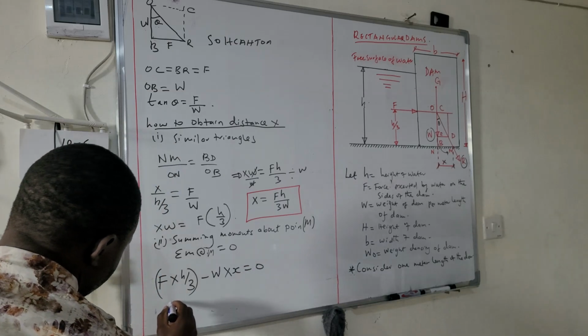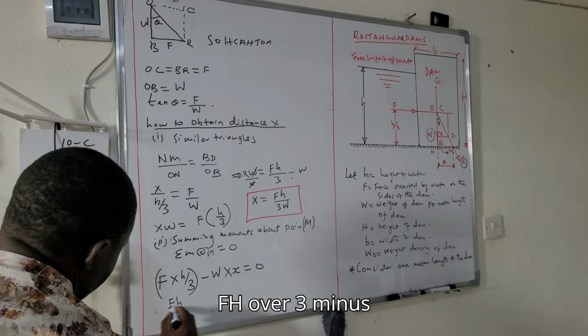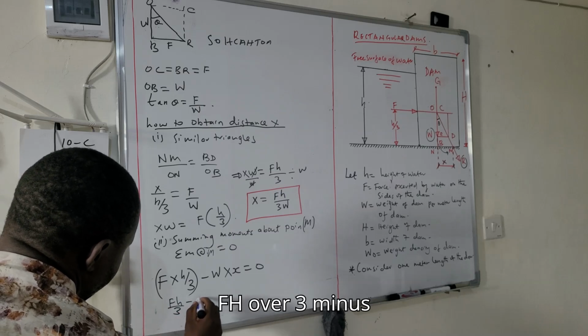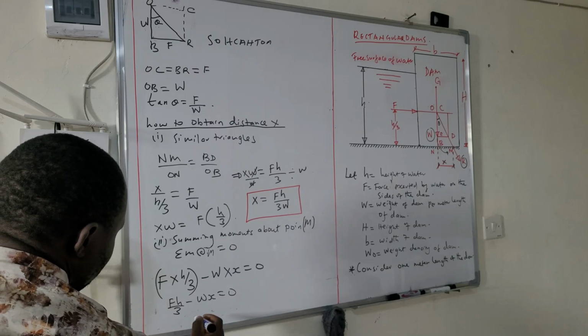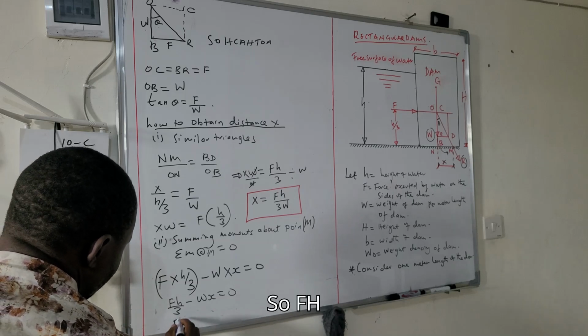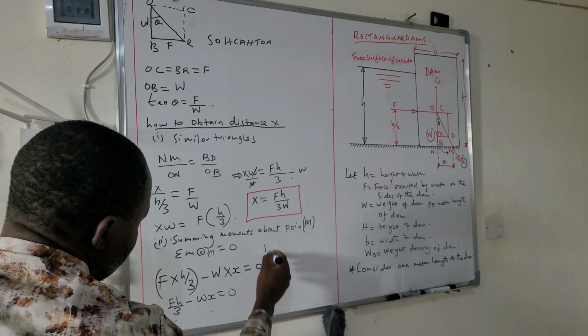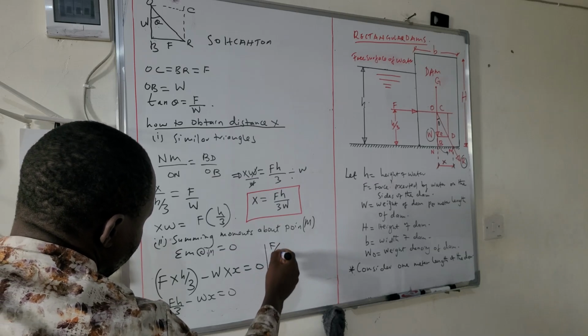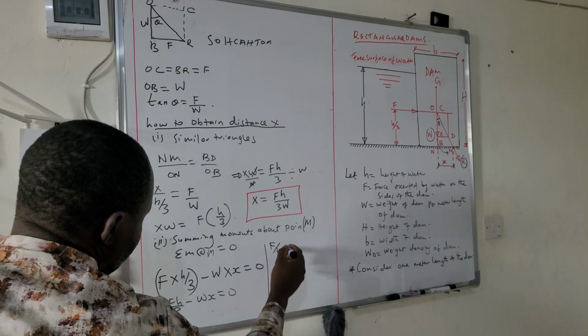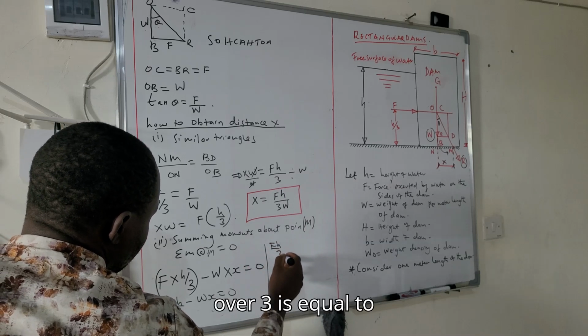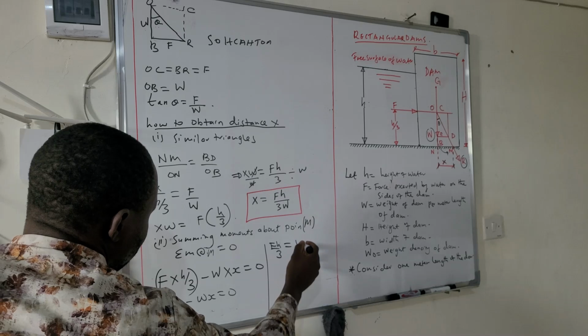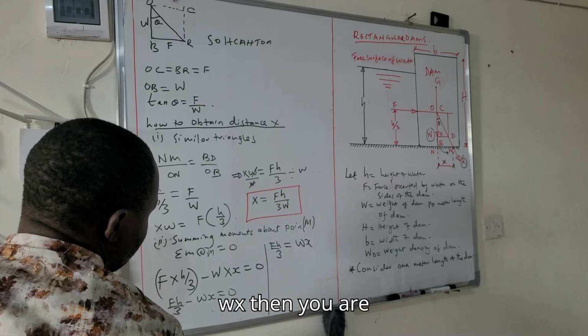So FH over 3 minus WX is equal to 0. So FH over 3 is equal to WX.